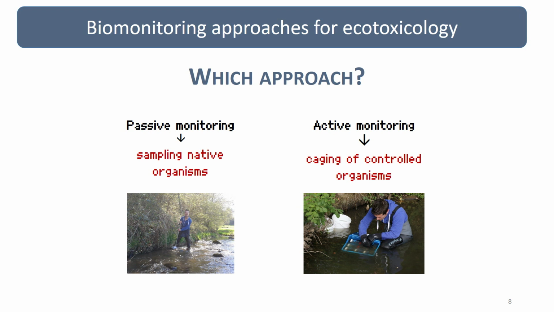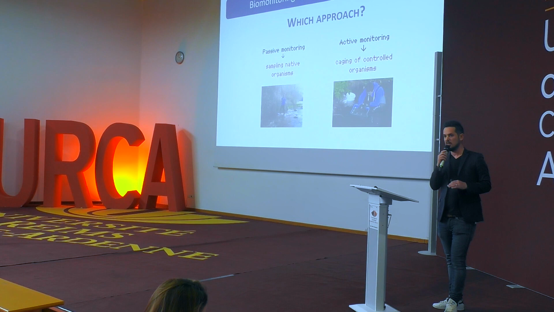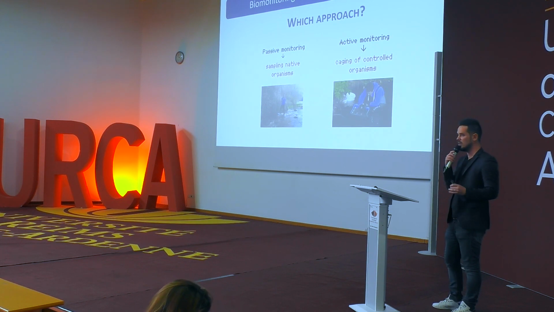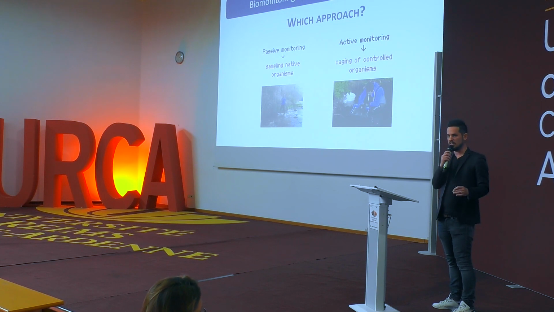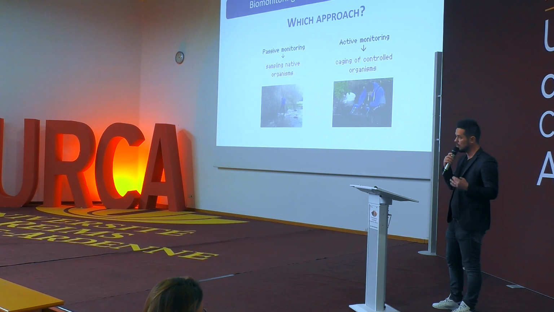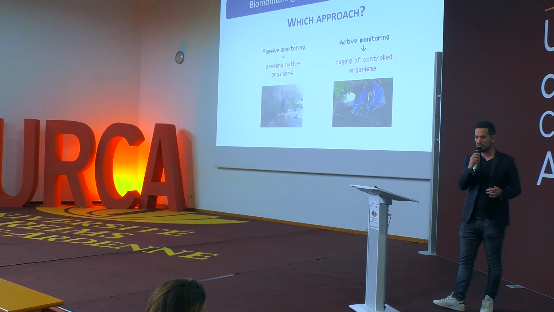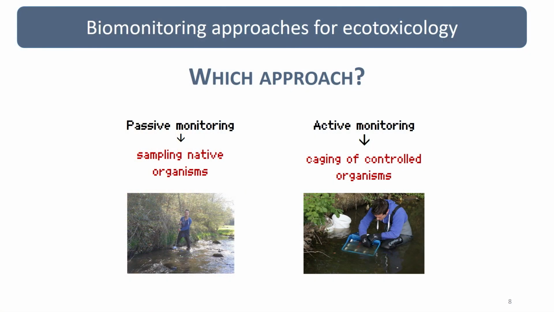So there exist different biomonitoring approaches for ecotoxicology. First, you have passive monitoring. The principle is to sample native organisms at the station and to do some measurements. Another and new approach is active monitoring, and it's based on the caging of control organisms. You produce your organisms and you expose them at the station.